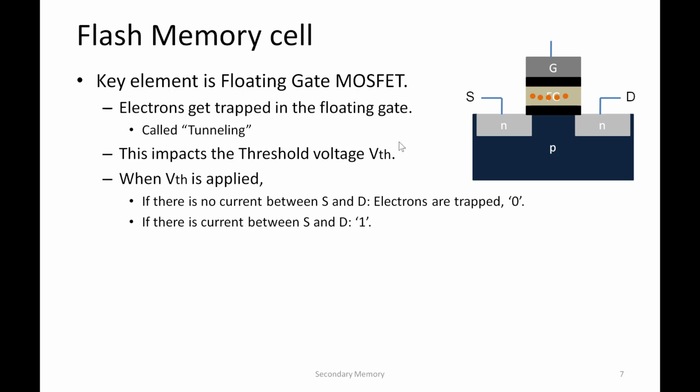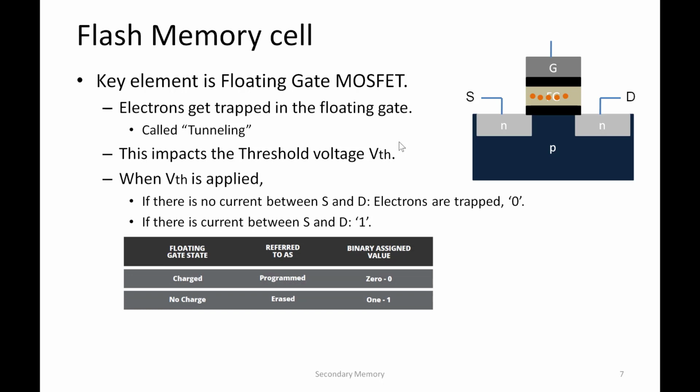On the other hand, upon applying the gate voltage, if we do not find any current flow between the source and drain, we would say that this flash memory cell is storing a 0. So the standard nomenclature is, if the floating gate is charged, it is referred to as programmed and we interpret it as storing 0.